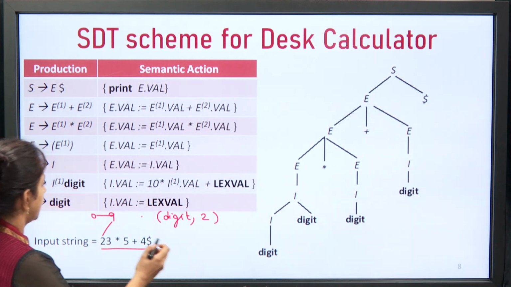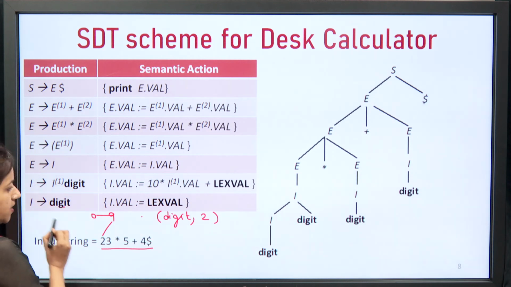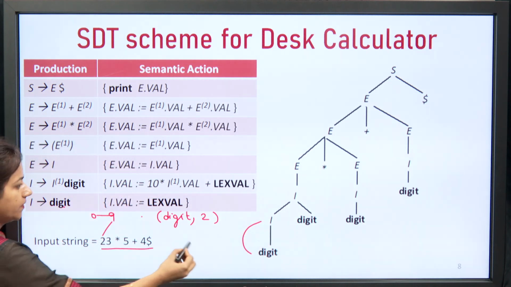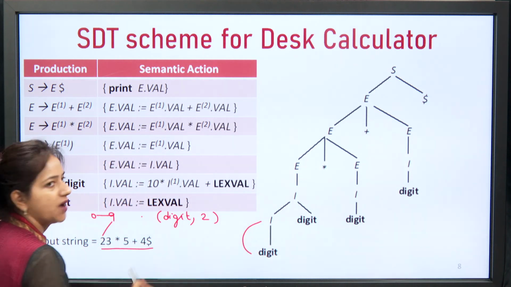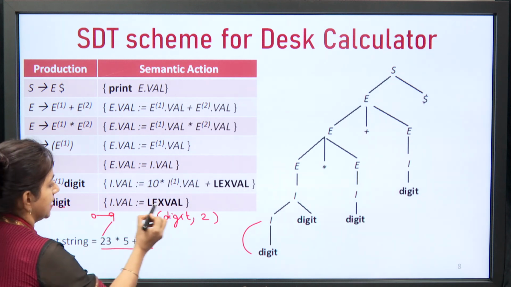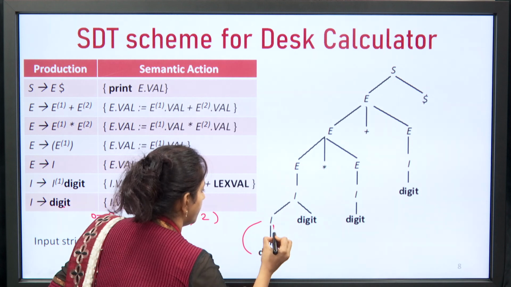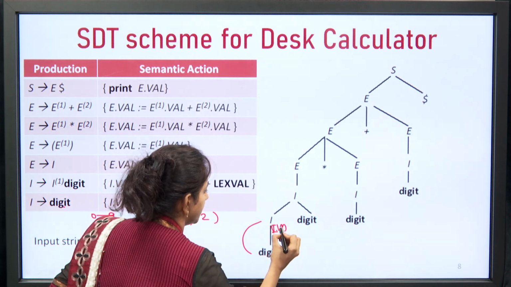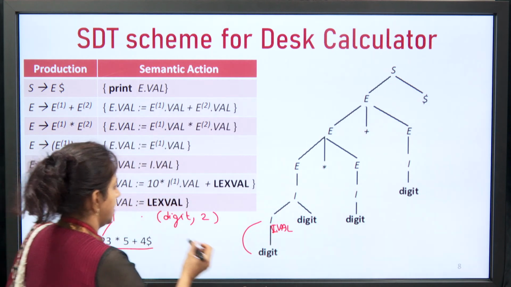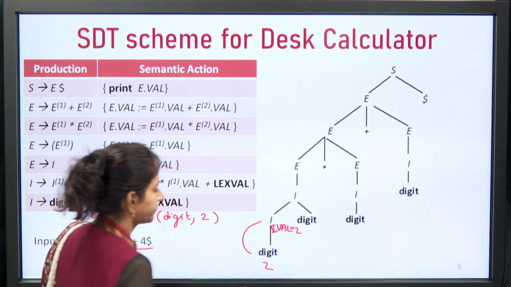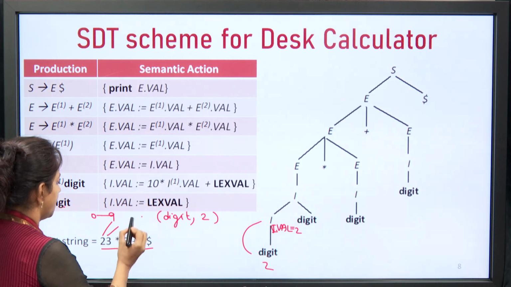Now, the syntax analyzer will use the production I to digit, so this digit will be reduced to I, and then the semantic action will be performed. In this action, the value of its translation will be obtained, I dot val is equal to this digit, that is 2. Now, next it will find 3.